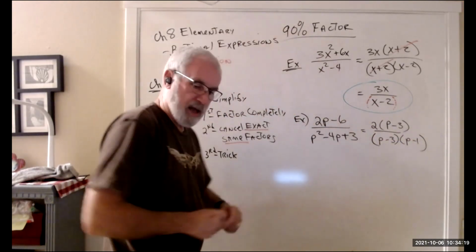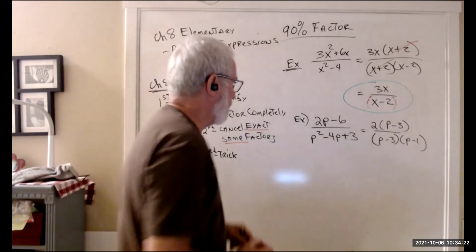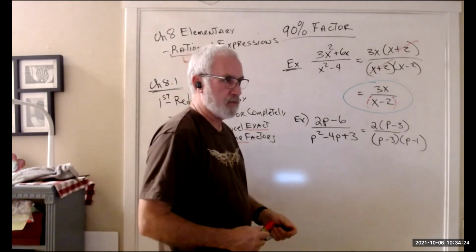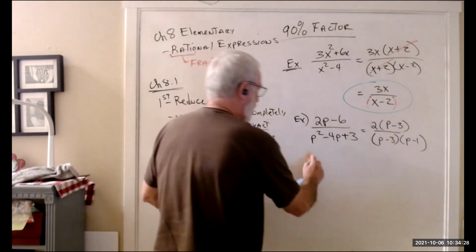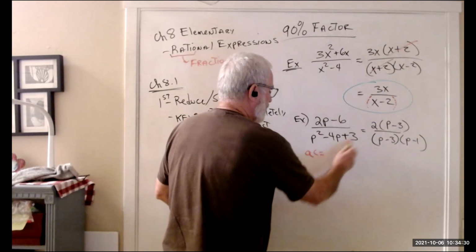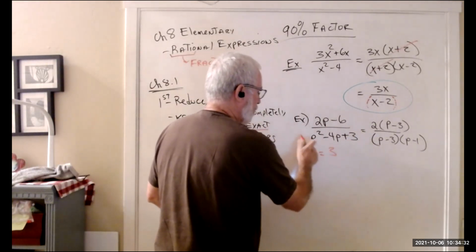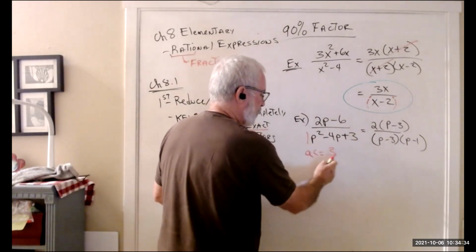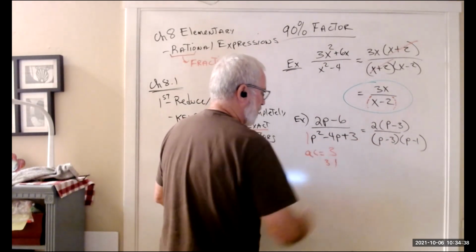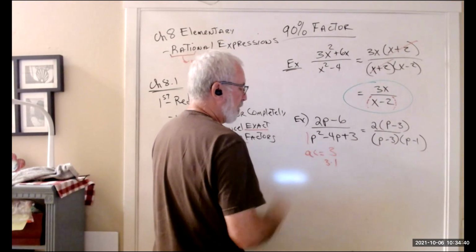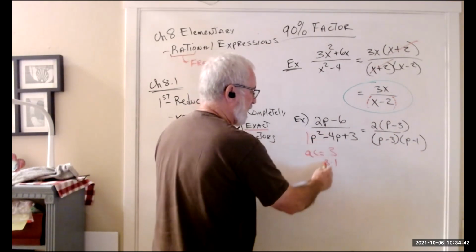Okay, how did I get that? Off to my scratch paper, I don't even need to see it anymore. I know that AC is 3. 1 times 3 is 3. So the only thing that multiplies to 3 is 3 times 1. But wait, they have to add to make -4.